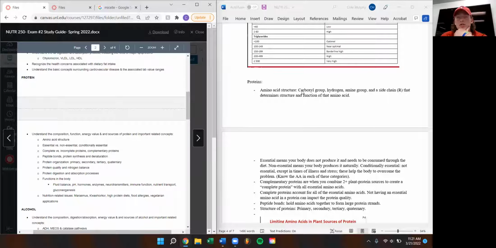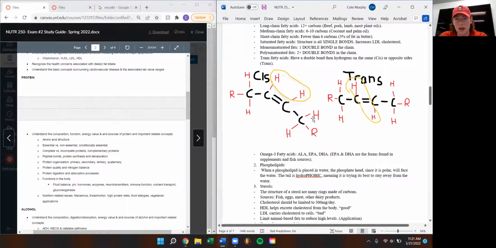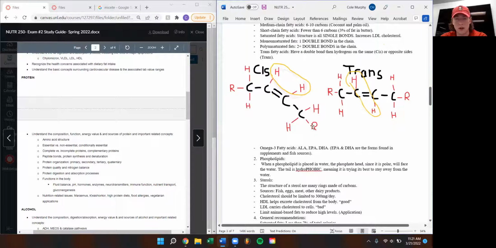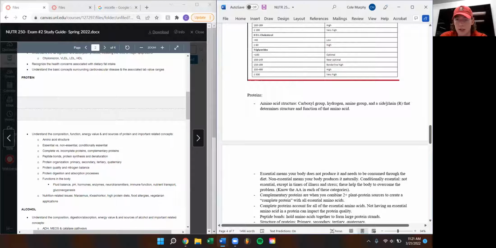The structure is going to be a carboxyl group, a hydrogen, an amine group, and then a side chain, which I call R. So you've got hydrogen, carbon, and then R, which is just the rest of the chain. It could be anything, more carbons, oxygen, an alcohol group, literally anything. So that's what R means, or side chain.